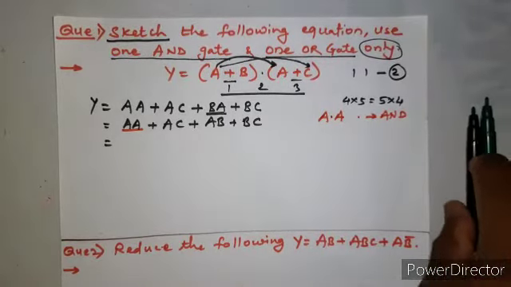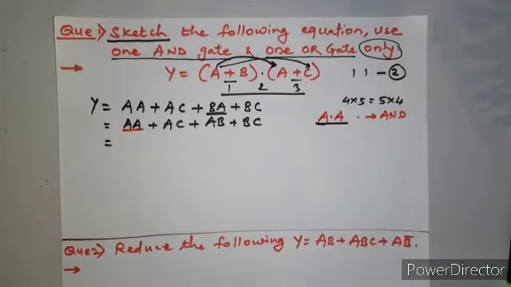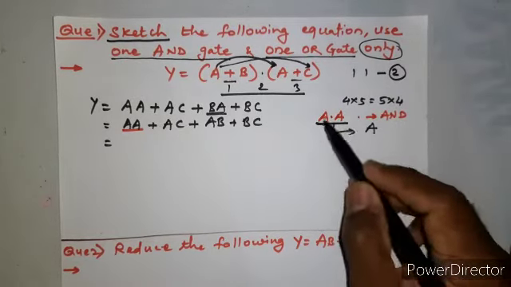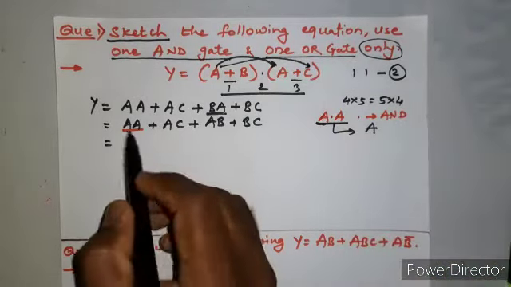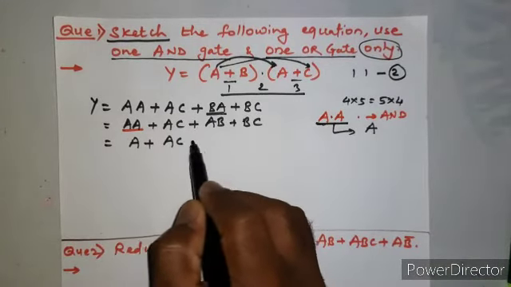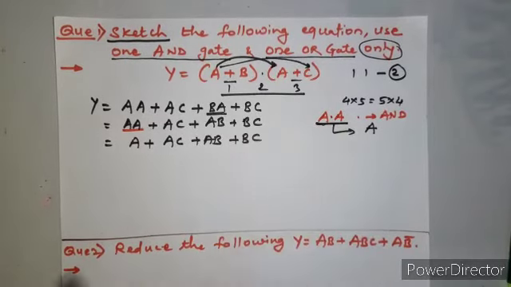In the ANDing operation, when two similar terms are multiplied, we get only one term out of these two. So here I'll have A plus AC plus AB plus BC.